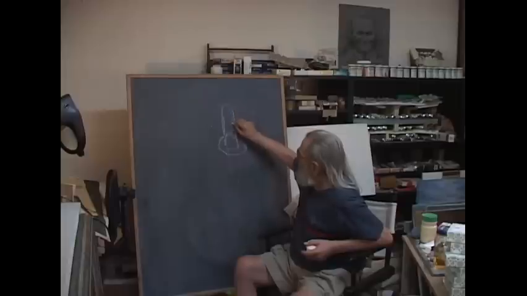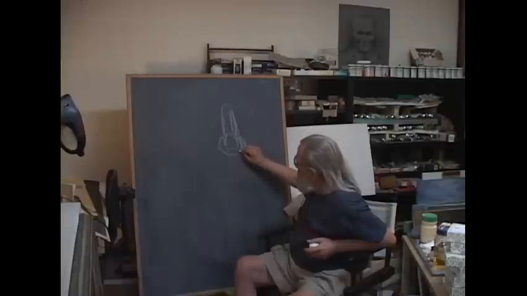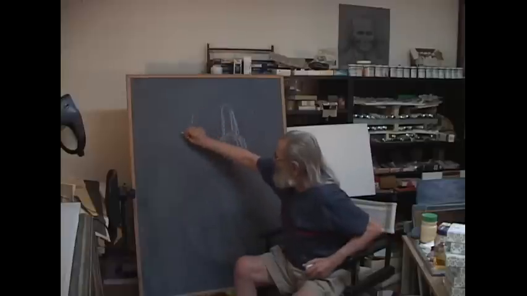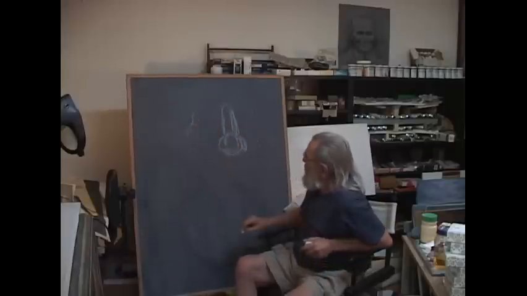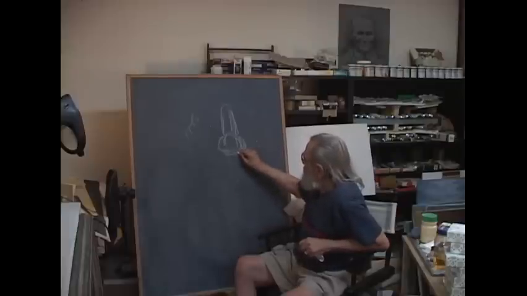So this is where the shadow falls here, because it's soft. And the same thing on the side of the nose. And the same thing happens underneath the nose, assuming the light comes naturally from the left side. Now, this is the nostril. This is the nostril.